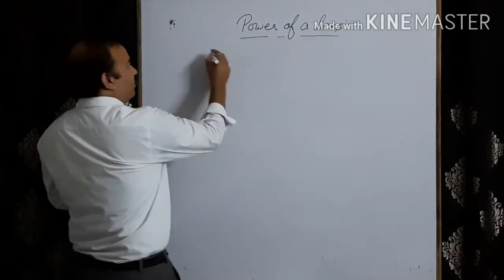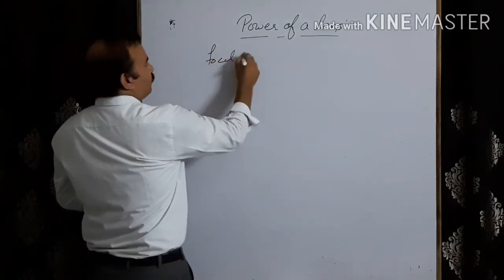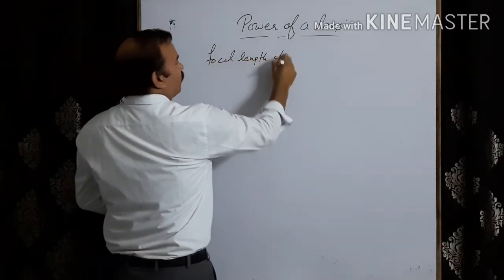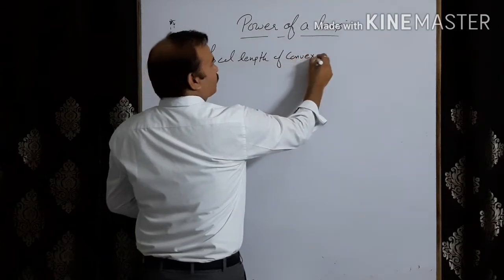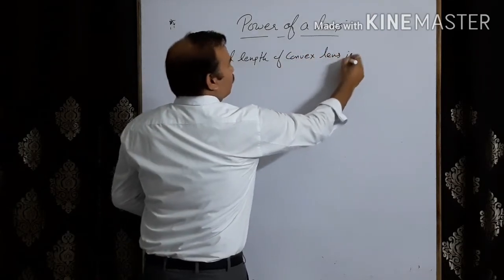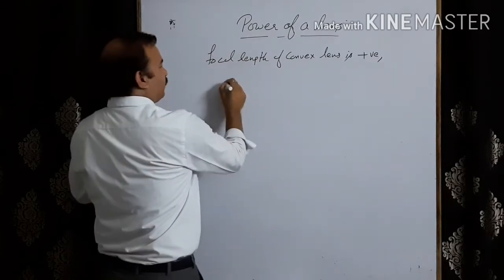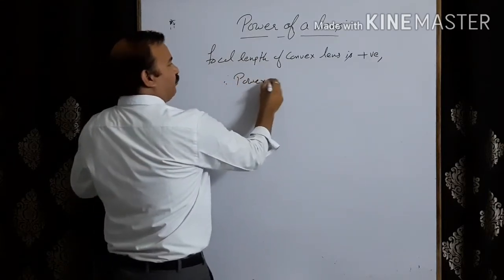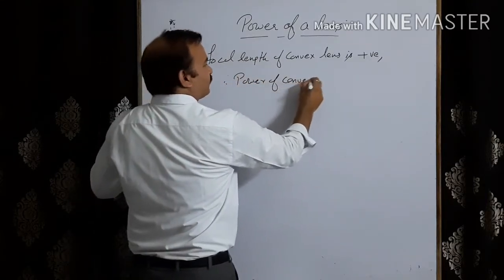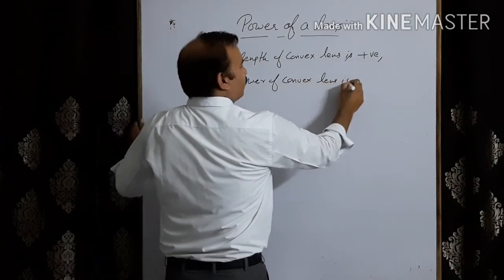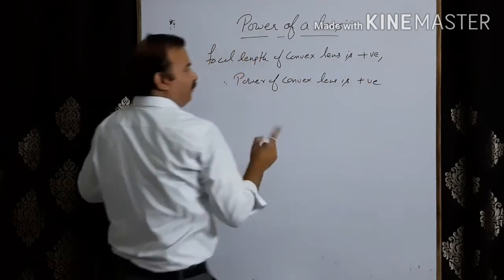Now, the focal length of a convex lens is positive, therefore the power of a convex lens is positive.